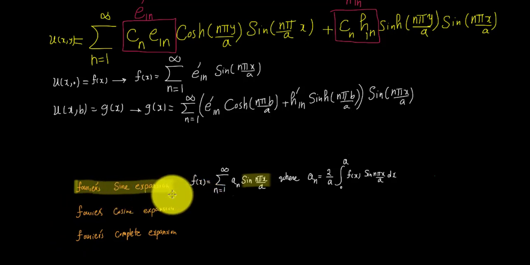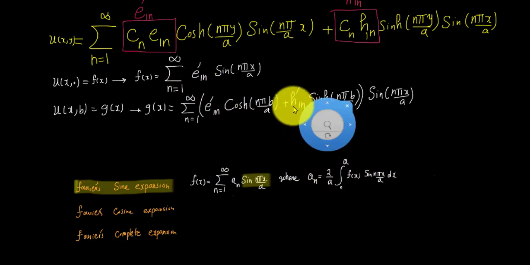But for a sine expansion, it's basically dealing with sine of n pi x over a with some coefficients attached. And basically these coefficients, a n, in our case e prime 1n, is just a simple integral.